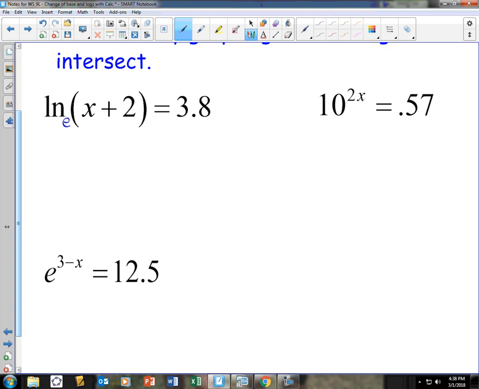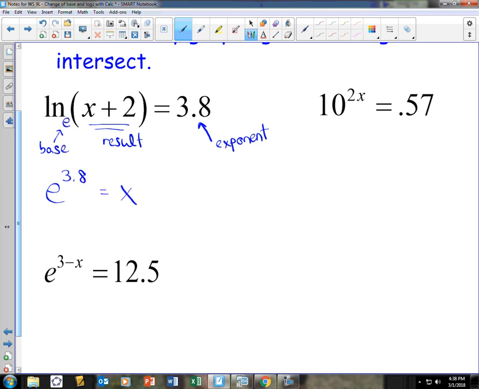This is my base. This is my exponent. And this right here is my result. All right, so we're just rewriting it. So when I rewrite it in its other form, it's going to be e to the power of 3.8 will equal x plus 2.